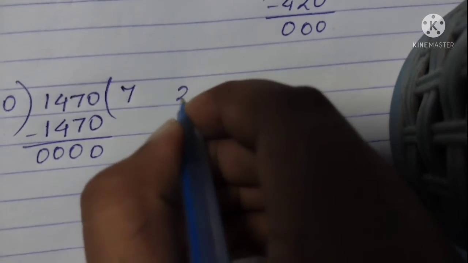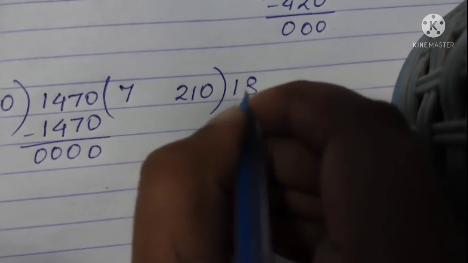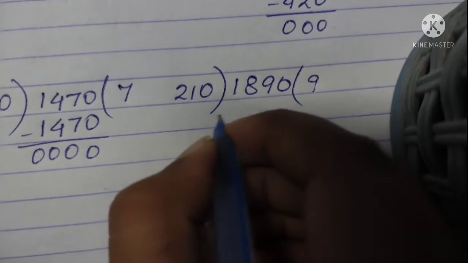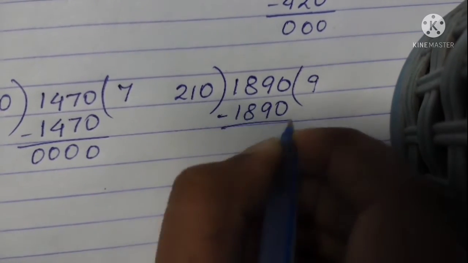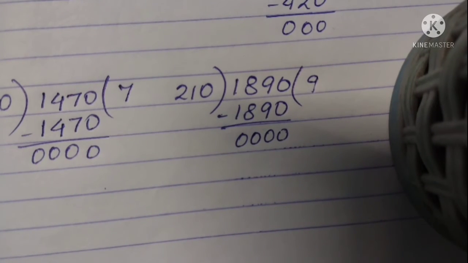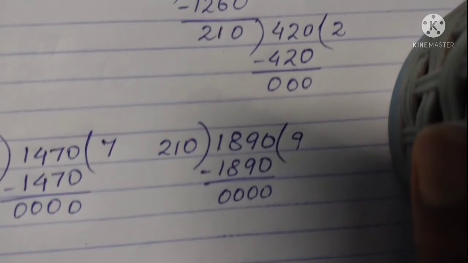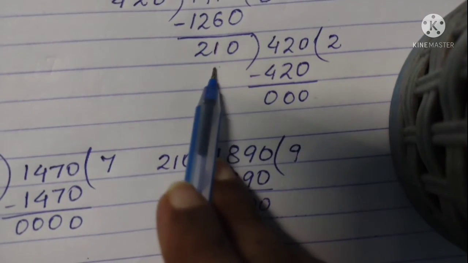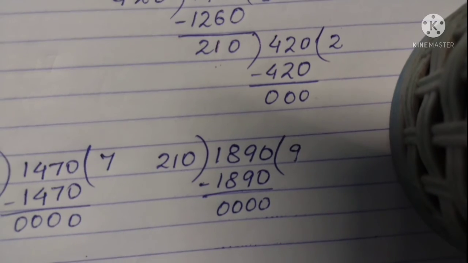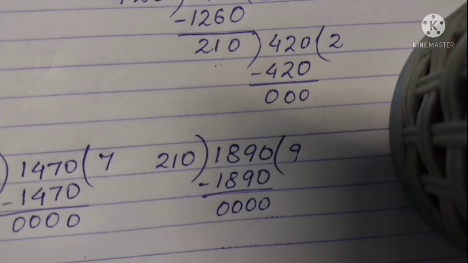Now let's see, 210 divides 1890 or not. Obviously 210 into 9 is 1890, and as per the question the remainder is 0. That means 210 is the greatest number which will divide 1470 and 1890 without leaving any remainder.